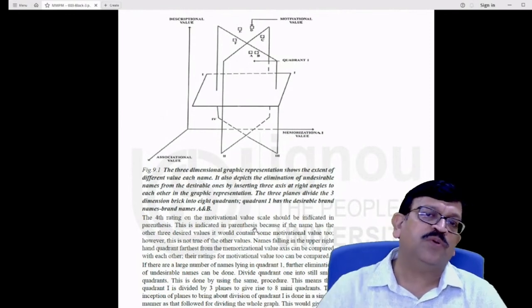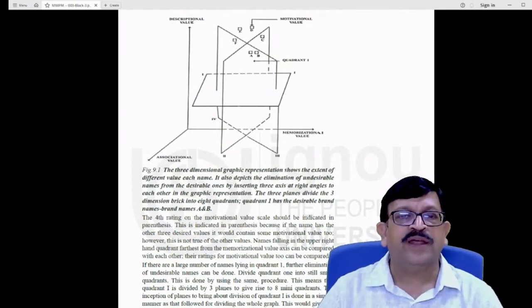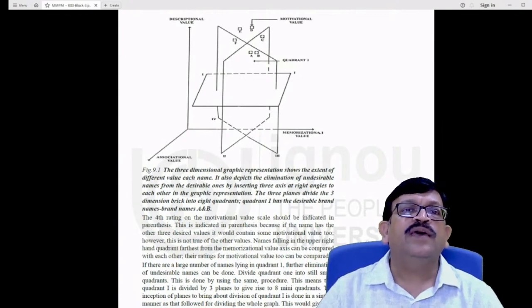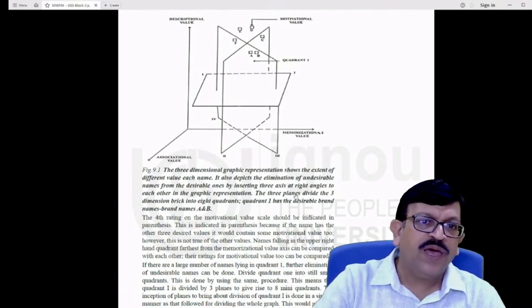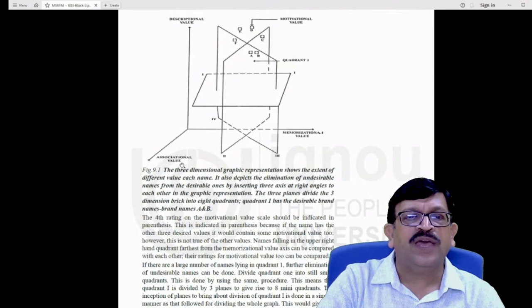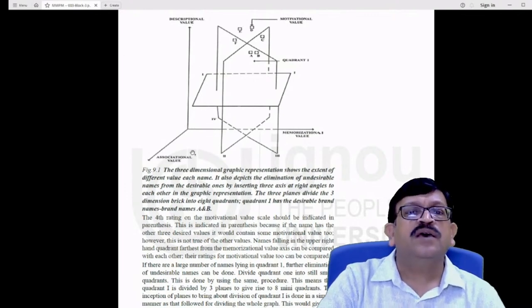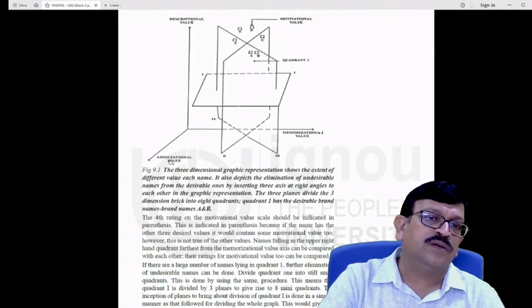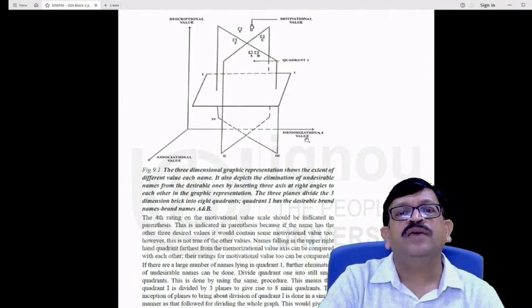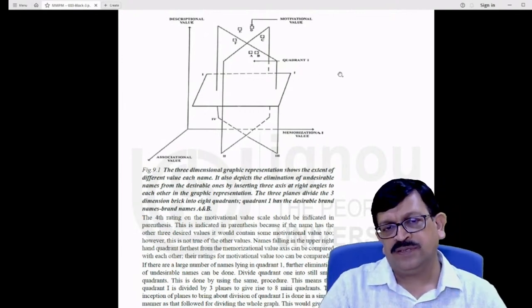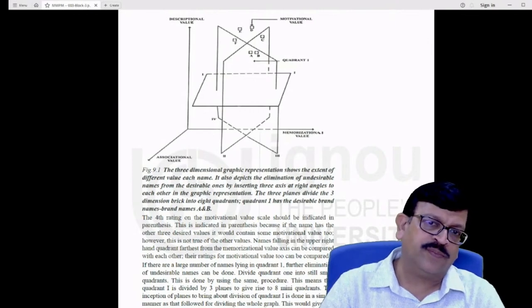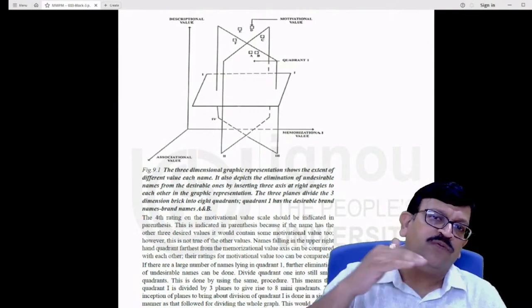This is a 3-dimensional diagram where you are talking about the descriptional value on the y-axis, associative value on the z-axis, and the x-axis taken up by the memorizational value. The motivational value is put up in the form of a parenthesis in the diagram. As you can see, there will be 4.